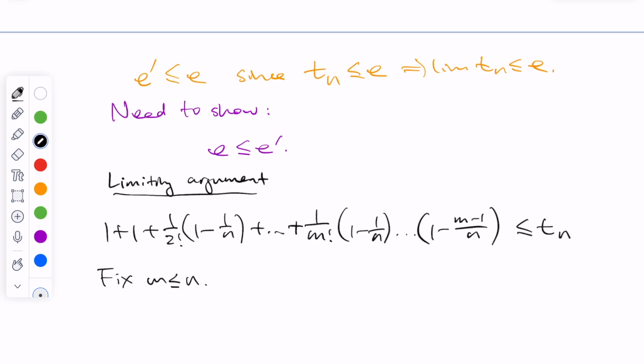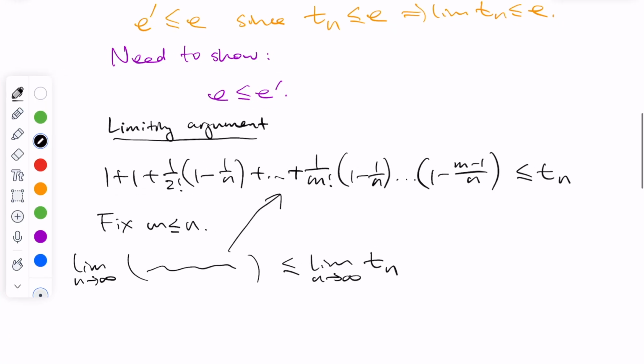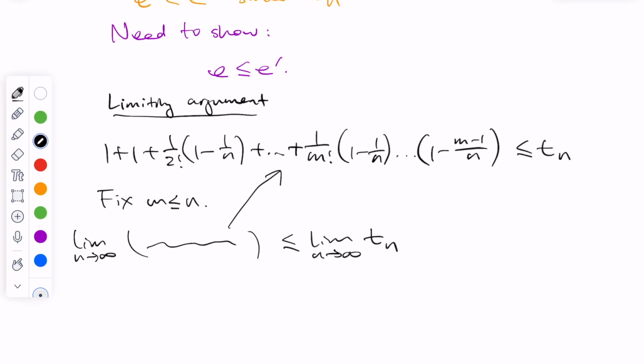And we're going to take the limit as n goes to infinity of both sides. So you're going to get the limit as n goes to infinity of Tn, right? So what's in the brackets is exactly this thing here. So what happens? As n goes to infinity, this thing goes to 0, this thing goes to 0, this thing goes to 0.